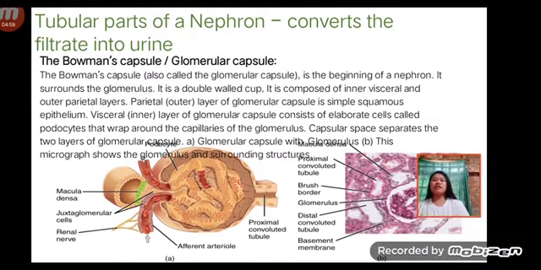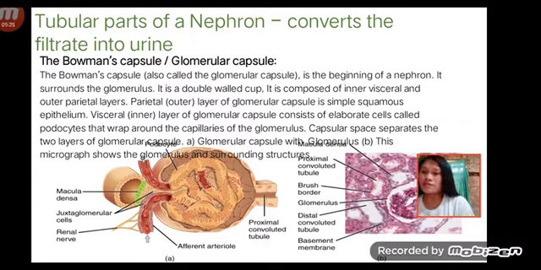So these are the tubular parts of the nephron that convert the filtrate into urine. So the macula densa are the salt sensors that generate paracrine signals in the juxtaglomerular apparatus to control vital kidney functions including renal blood flow, glomerular filtration, and renin release.